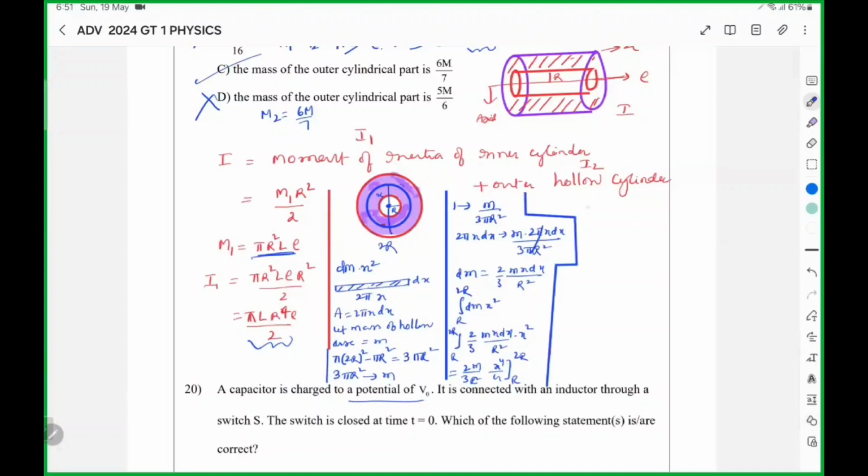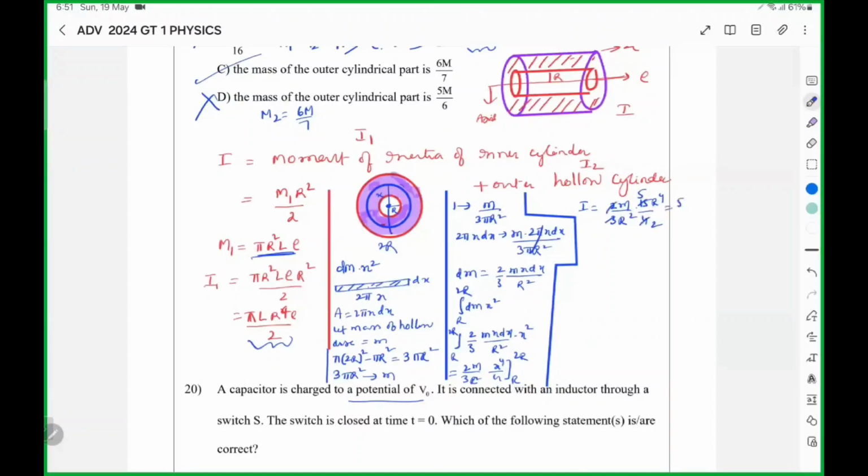So what we get here is moment of inertia 2M by 3r square, 15 r power 4 by 4. So here it is 5.